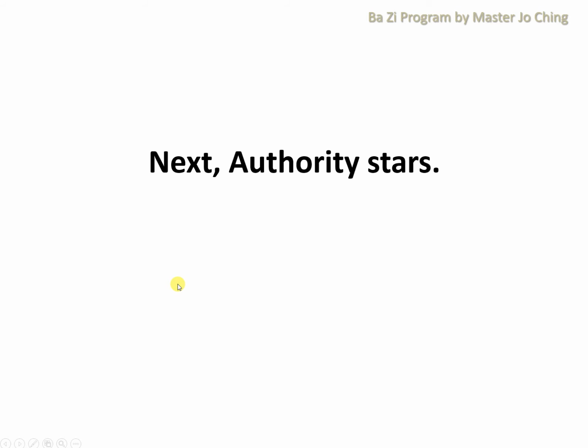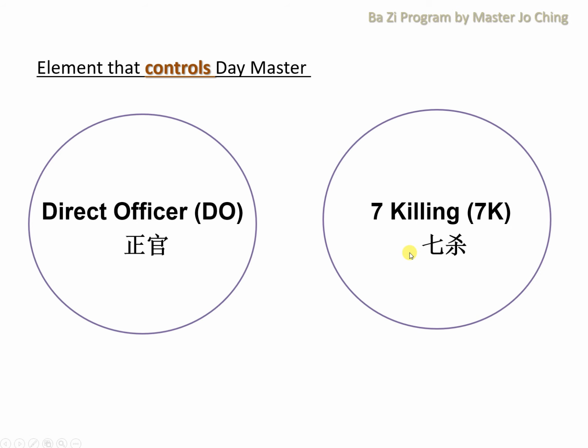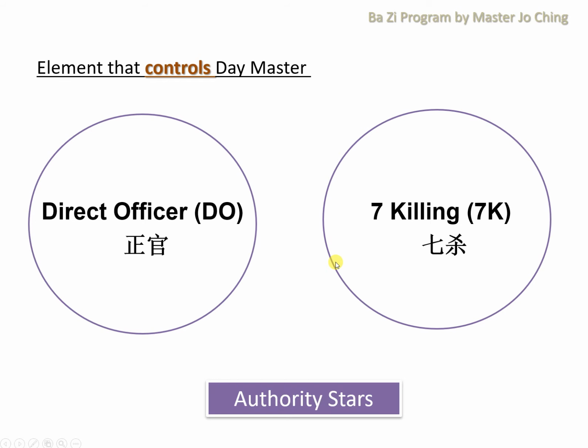Next, let's look at authority stars. So in this chart, authority is the star that attacks or controls the day master. You see the arrow pointing back. It is the element that controls the day master. It can be either known as the direct officer or 7 killing. Later on, we will discuss how you arrive at whether this element is direct officer, DO, or 7 killing.